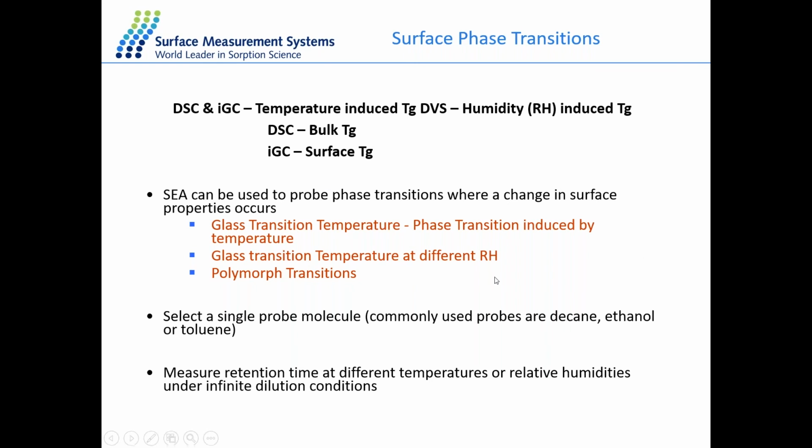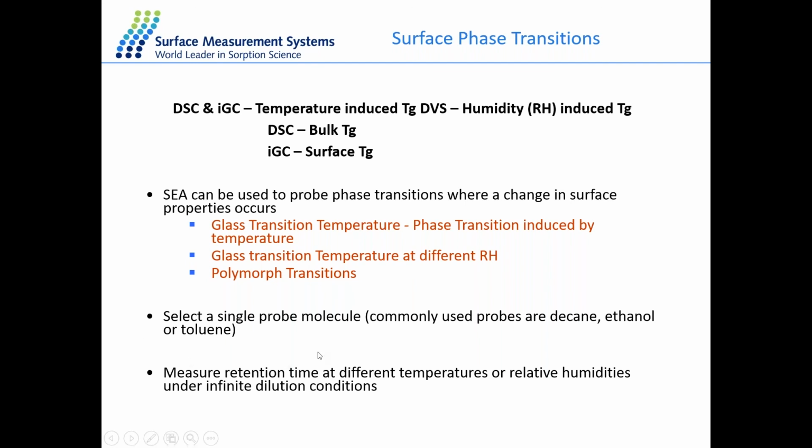SEA can be used as a probe of phase transitions, where a change in surface properties can occur. The two ways we can understand the glass transition temperature is based on phase transition induced by temperature. We can also understand glass transition temperature at different humidities, and we can also understand polymorph transitions.